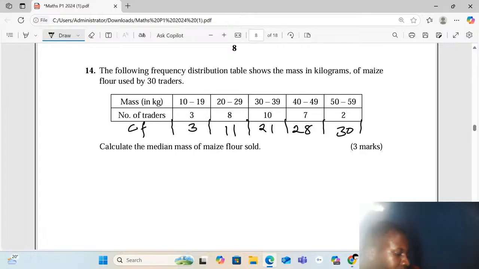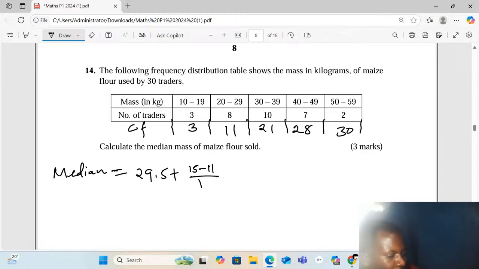Now, we know the median position is 30 over 2, 15. So 15 lies in the class whose lower class boundary is 29.5, plus the frequency within the given class, which is 10.